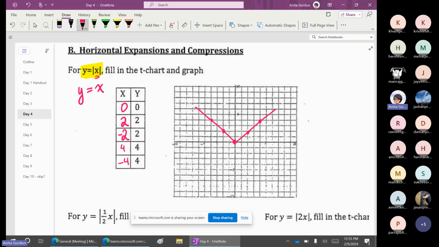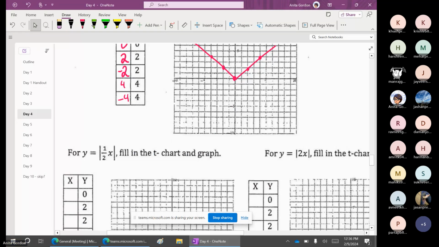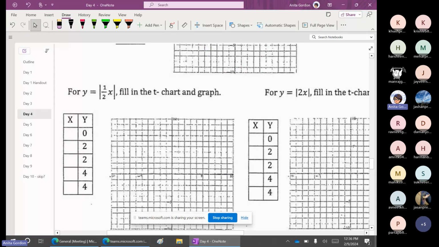Okay, so now we are going to essentially do the same thing, but we are doing it to the x component. Working backwards sometimes is a little bit challenging. So we are replacing x with something next to the x.